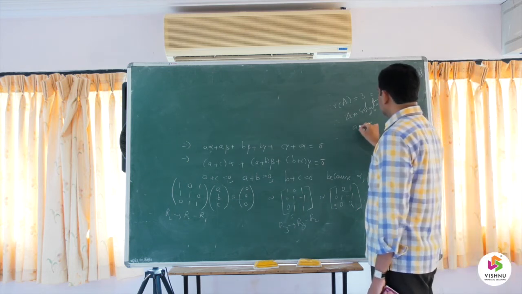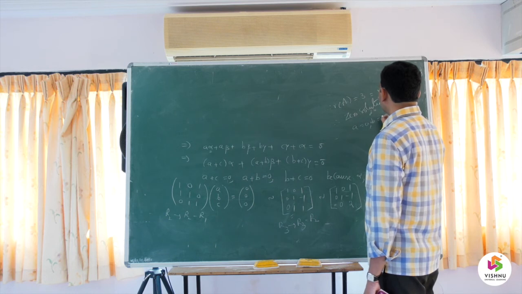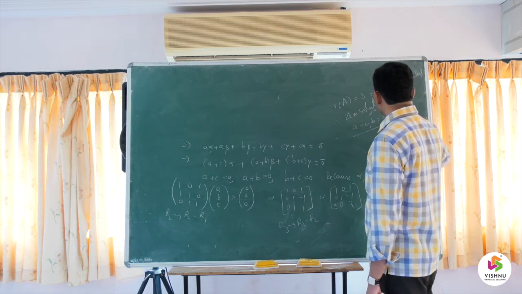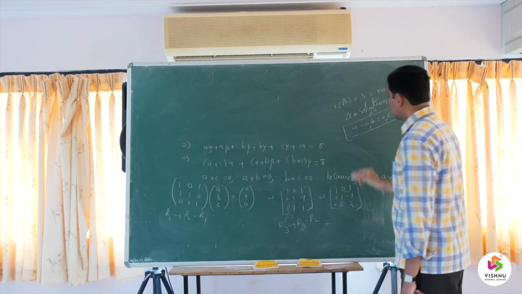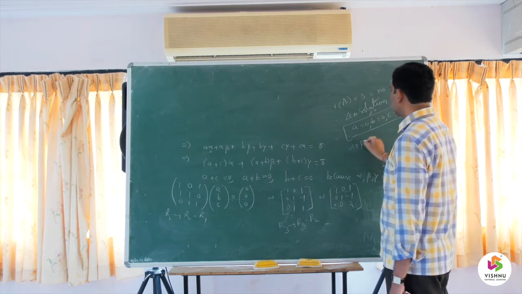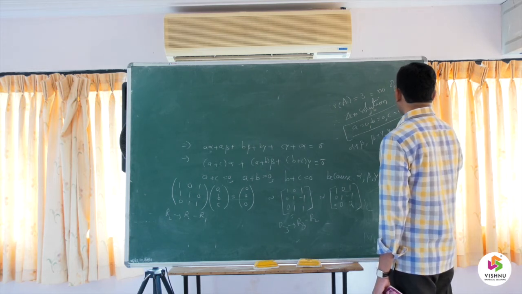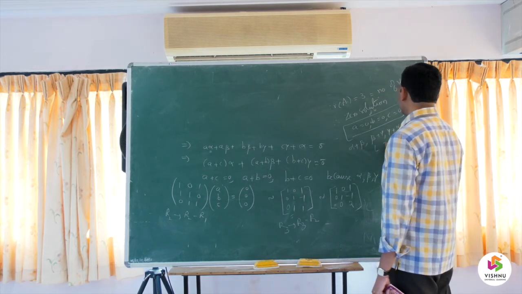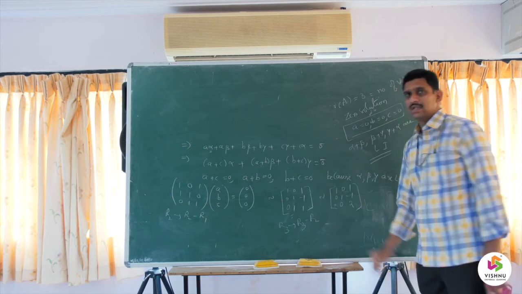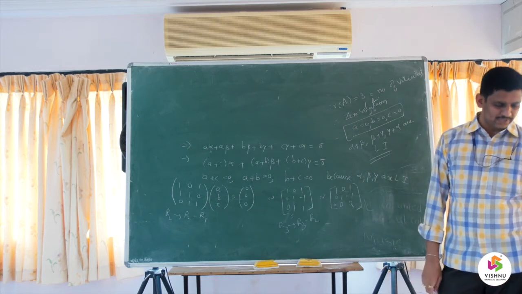So we say that A is equal to 0, B is equal to 0 and C is equal to 0. Hence we confirm that alpha plus beta, beta plus gamma and gamma plus alpha are linearly independent. This is the conclusion of the problem, so please take a note of that.